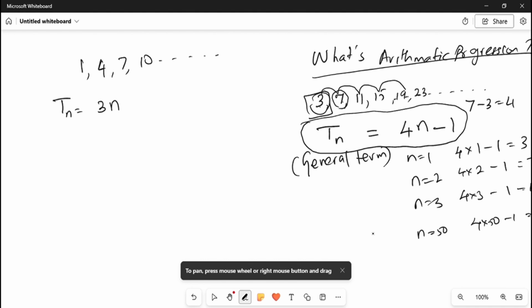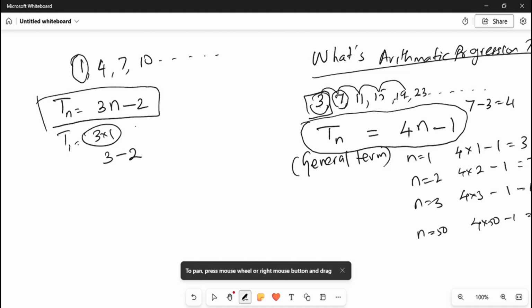The first term is 1, meaning when n is 1, T1 is 3 into 1, which is 3. But the first term is 1, so from 3 we have to subtract 2. Then 1 comes. So 3n minus 2 is the general term of this number pattern.